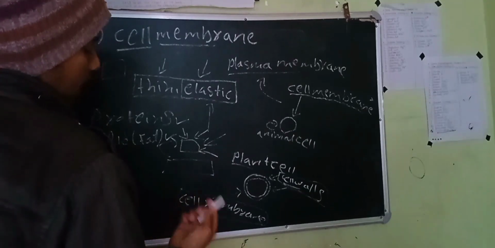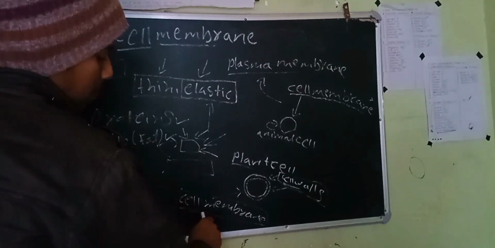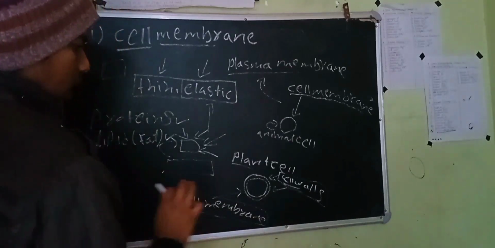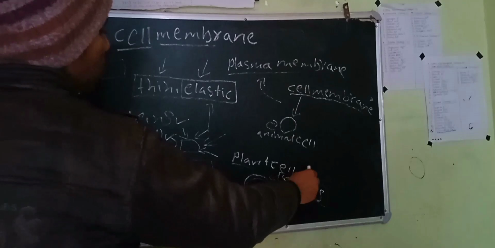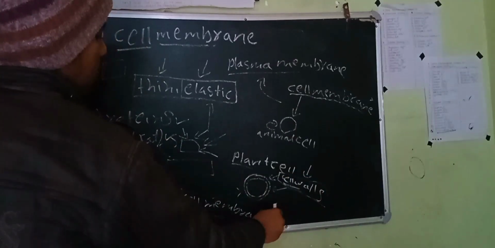Like I already told, the cell membrane and cell wall give a shape to a cell, but the cell wall is harder than the cell membrane.